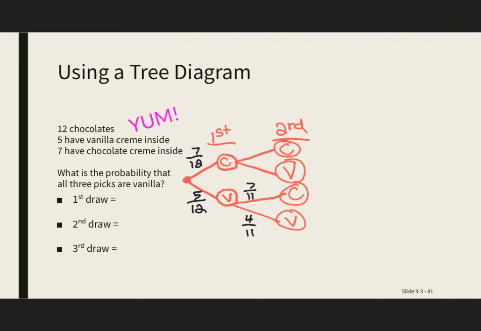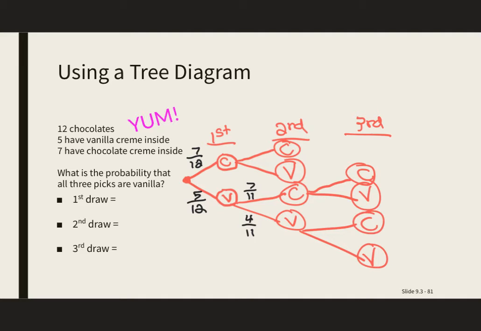Okay, let's keep going, and this will be the third draw right here. And like I said, I'm not going to do the top, but I'll do this bottom part. It actually helps me sketch the rest of this. Chocolate and vanilla. And then this one is vanilla down here. And this one is chocolate. Okay, I shouldn't even have drawn this part right here because she drew chocolate as the second draw.